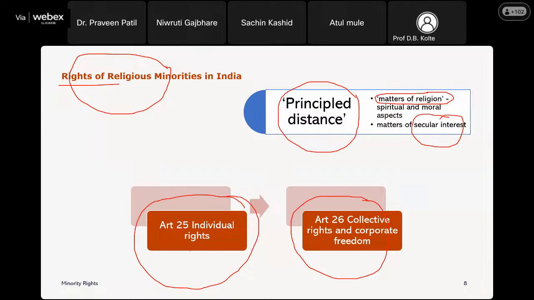As you all know, Article 25 rights are individual rights because Article 25 provides those rights to the individual and not to the collectives, of a particular community, including the corporate freedoms.